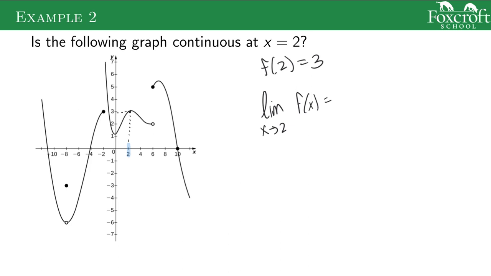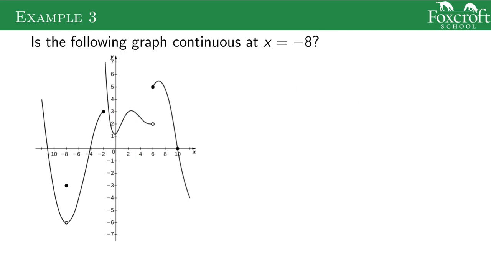For the limit, we look at the space around that value. Looking at that strip of values, they all hit the same y values, and those y values are at 3. So is this function continuous at x equals 2? Yes, because the function value exists and it's the same as the limit.